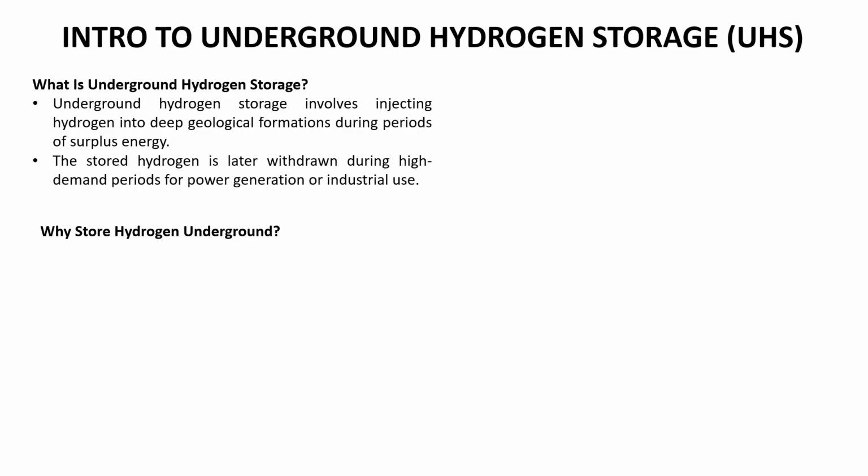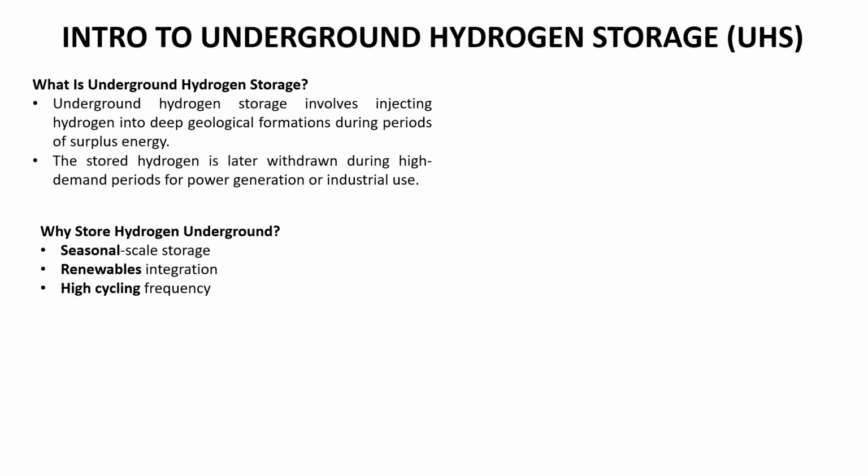There are several reasons why underground storage is attractive. First of all, the subsurface provides enormous seasonal-scale storage capacity, far better than batteries or above-ground tanks. Secondly, hydrogen storage plays an important role in stabilizing the grid with high levels of wind and solar energy.